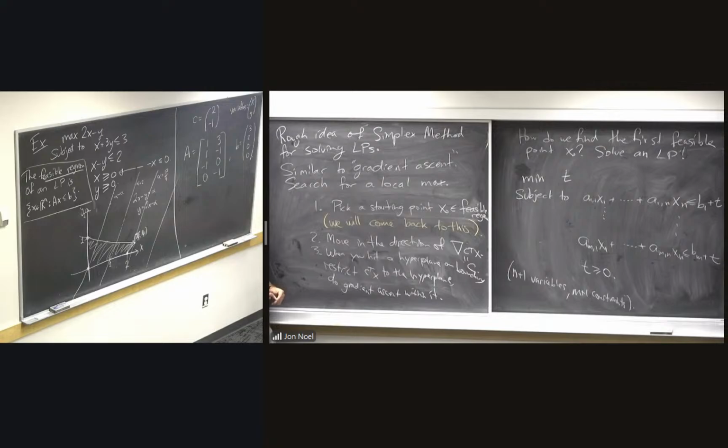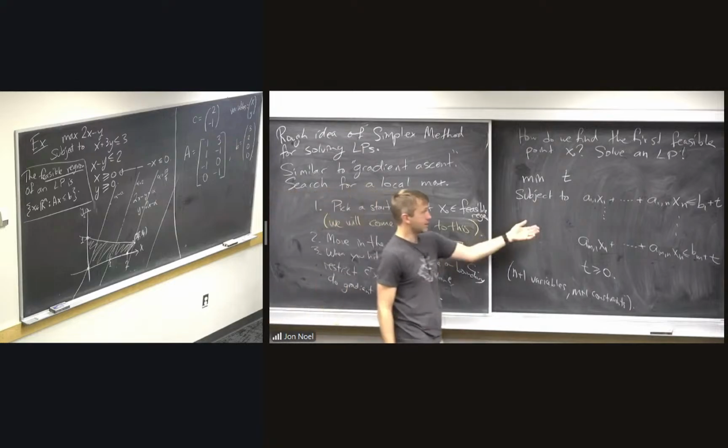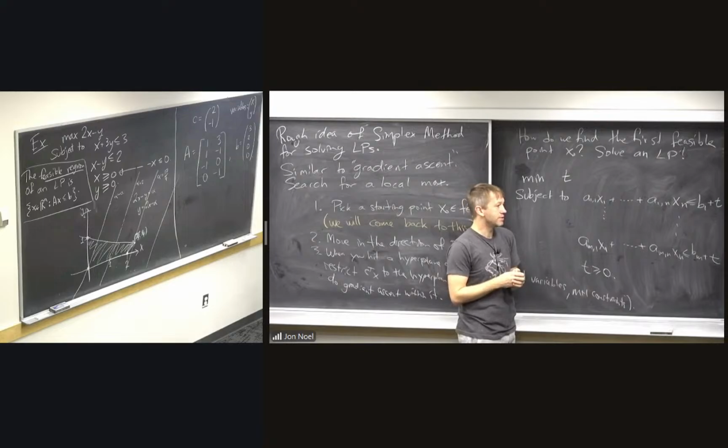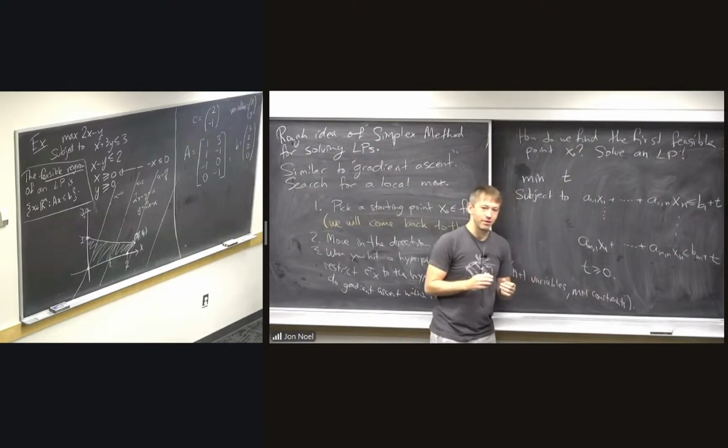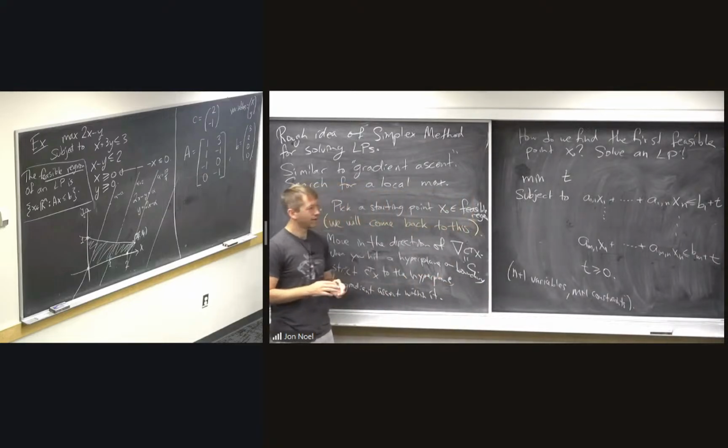Any questions about that? Yeah. What happens when you can't? Yeah, that's something I should have said. If you solve this linear program and it says the minimum t is 0.1, what does that tell you about the original linear program?